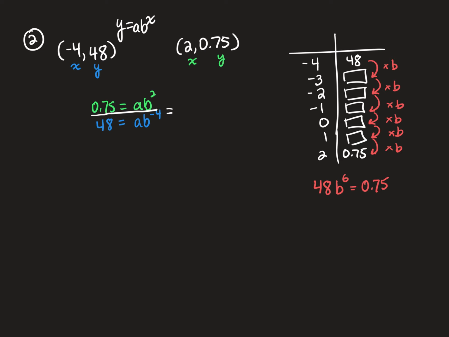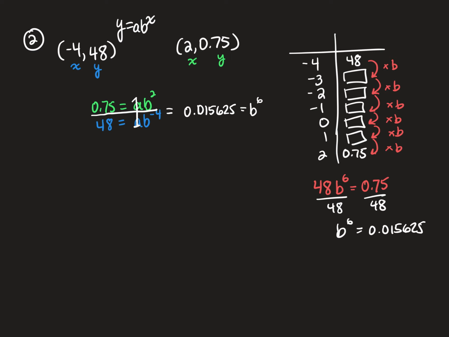We get 0.015625 equals, we have a giant one here with our a's, and then dividing the b's, we subtract the exponent. So b to the 2 minus -4 is b to the 6th. And then if you continue to solve this, divide both sides by 48, you're going to get the same exact equation.